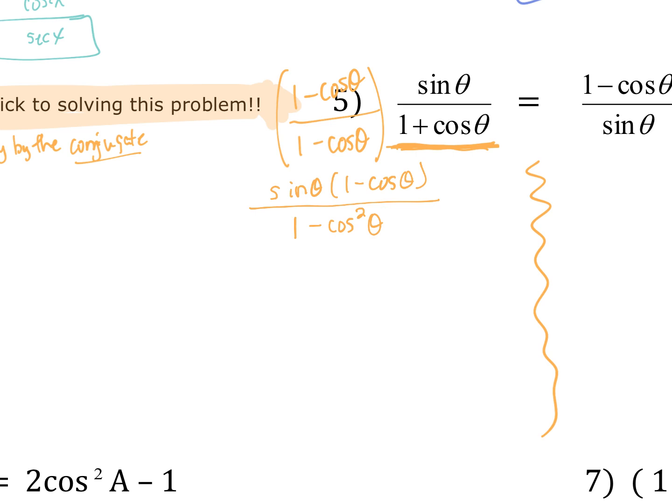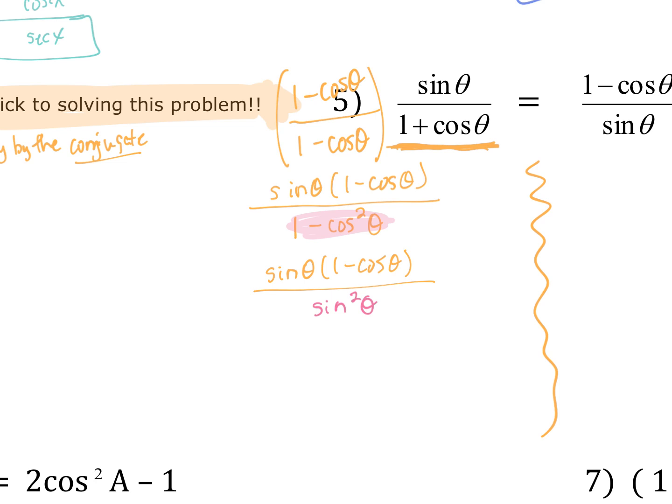I'm going to keep the numerator as sine theta times 1 minus cosine theta, but in our denominator now, we know that 1 minus cosine squared theta is equal to sine squared theta.